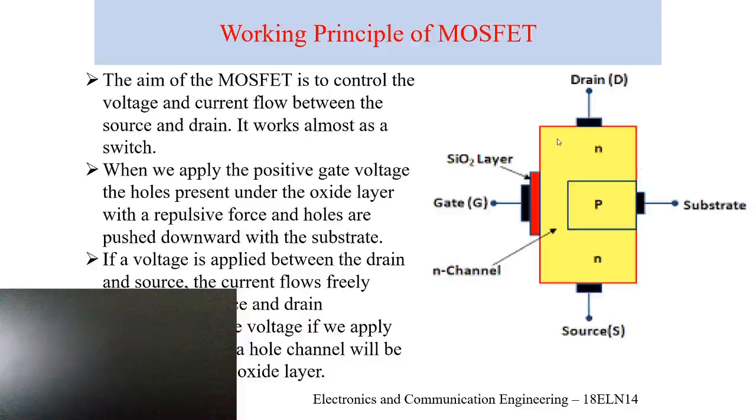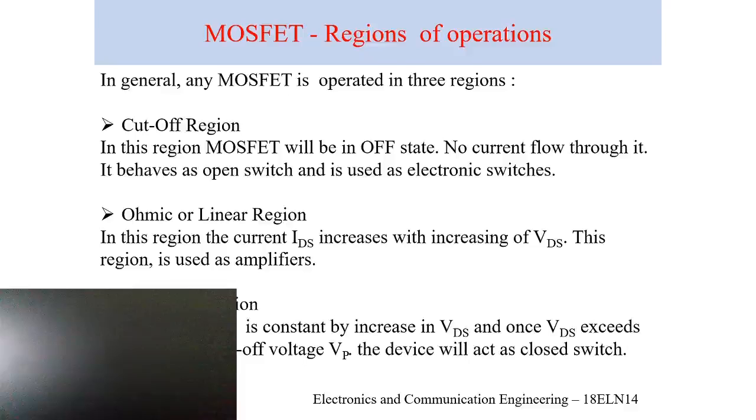Okay, now having known the working principle of a MOSFET, we slowly move on to the regions of operation. Usually a MOSFET is operated in three regions, namely the cutoff region, the ohmic or linear region, and the saturation region. In the cutoff region, the MOSFET will be in the off state.